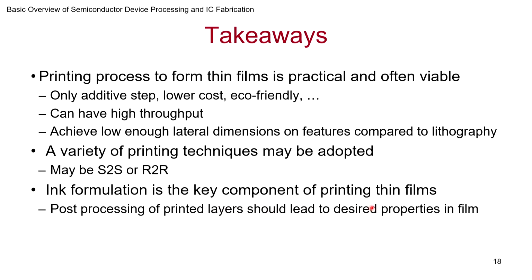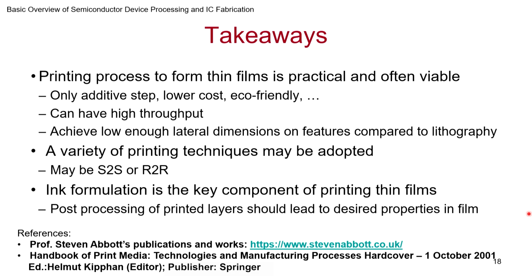Post processing is what leads to the desired property. The precursor may not have many of the properties that you want in the thin film, but by printing and dispensing it, forming thin films and processing it, you may end up getting the appropriate properties.